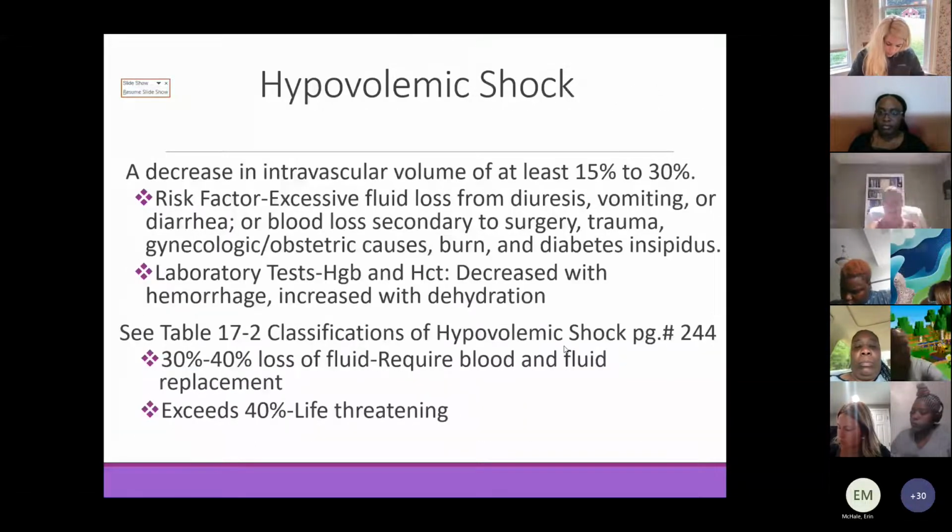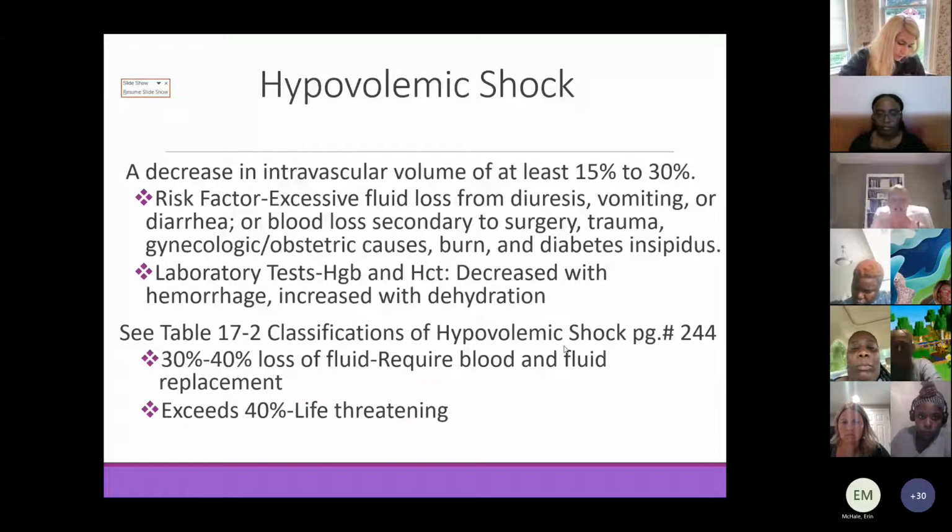So hypovolemic shock. If you think back to early on in 111 when we were talking about fluid and electrolytes, hypovolemic is just that: low volume, right? Low circulating volume in our body. We think of someone as having hypovolemic shock if their intravascular volume, our circulating blood volume, decreases from its norm to anywhere between 15 and 30% less, which is a lot.